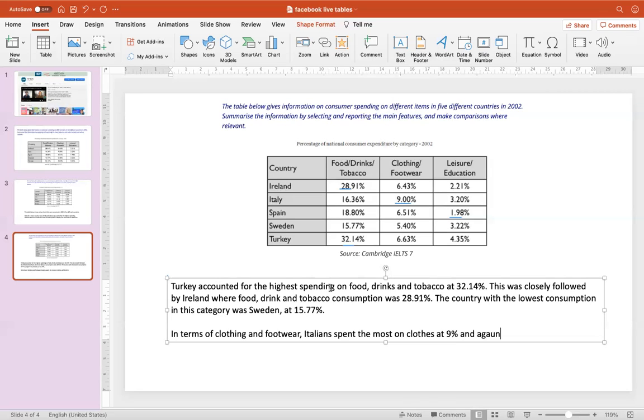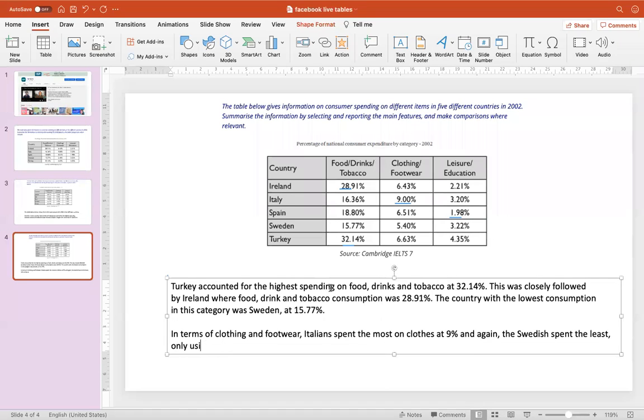So we said Sweden, we could say the Swedish people. The Swedish spent the least, only shelling out 5.4% on these items. Then let's group the other ones together now, okay?